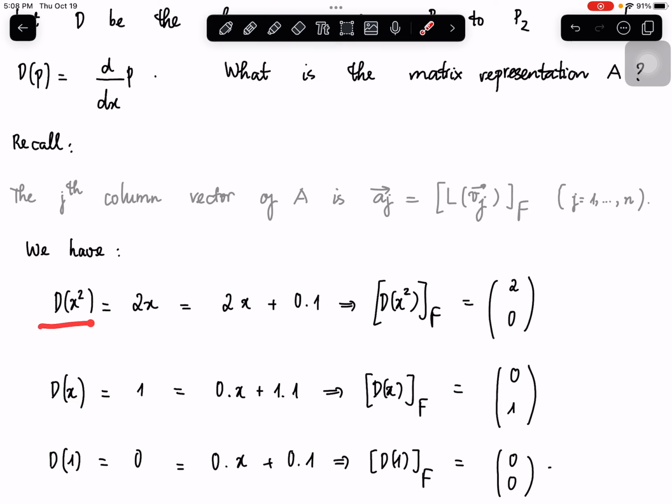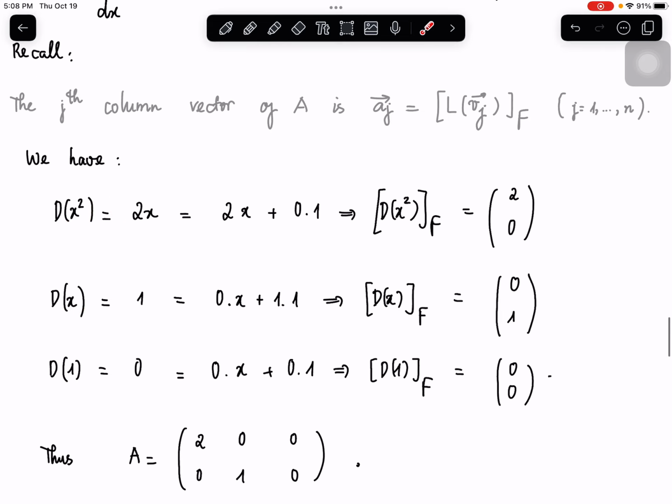We compute the derivative of x squared, and we have 2 times x. The coordinate of 2x with respect to F, where F contains the 2 vectors x and 1, is given by 2 times x plus 0 times 1. So the coordinate of the derivative of x squared with respect to F is (2, 0).